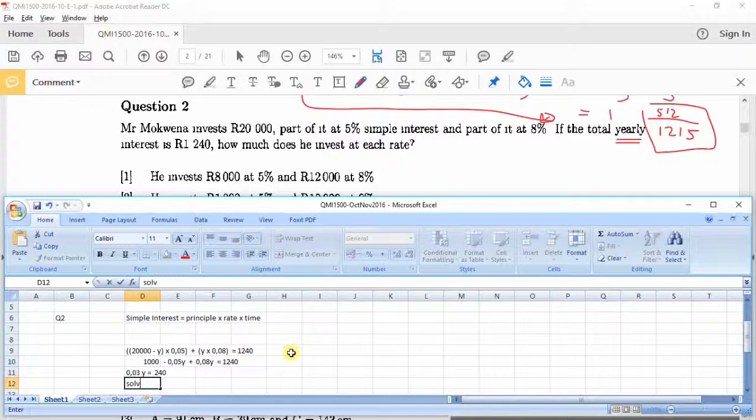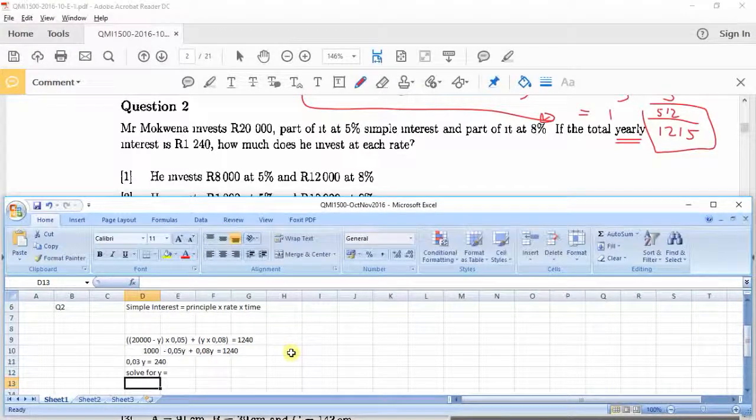Solve for y equals 240 divided by 0.03 gives me 8,000. So 8,000 is y.